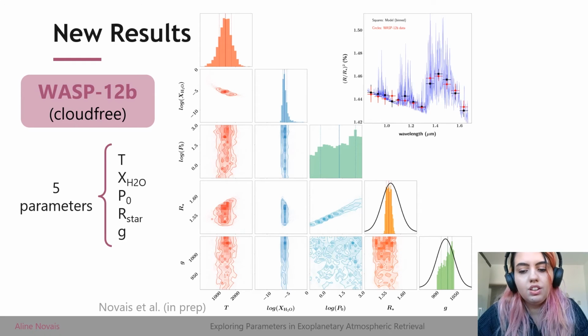The star radius and the planet gravity agree with the priors, which are the black Gaussian lines. And you can see there is a correlation between the star radius and the pressure, but we still don't know the nature of this correlation.